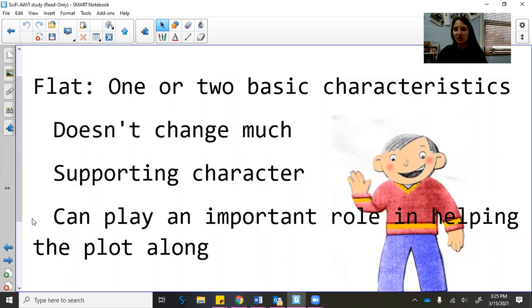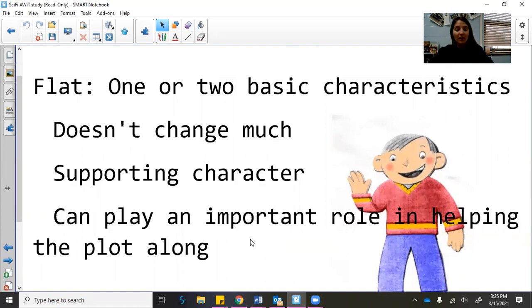But with a flat character, you maybe would say one or two characteristics about them, like they are kind and witty, or they are smart. They don't really change a lot in the story. They're pretty consistent. The events in the story aren't necessarily going to affect them majorly or change them as a person. They're usually a supporting character, and they can play an important role in helping the plot along. Okay.